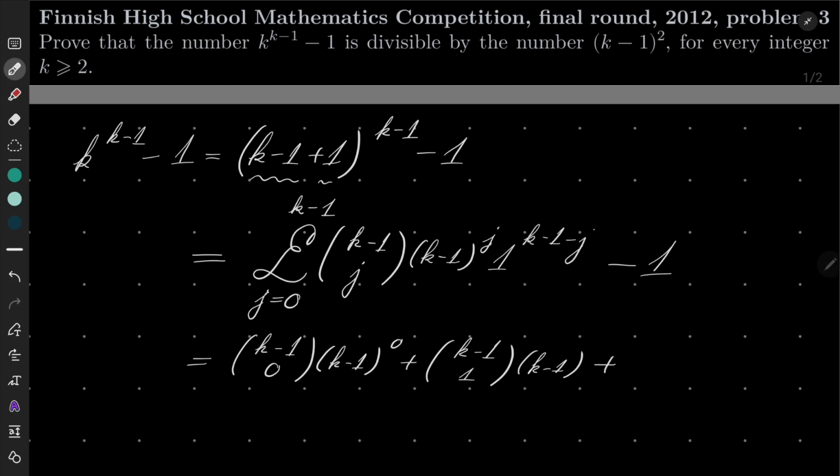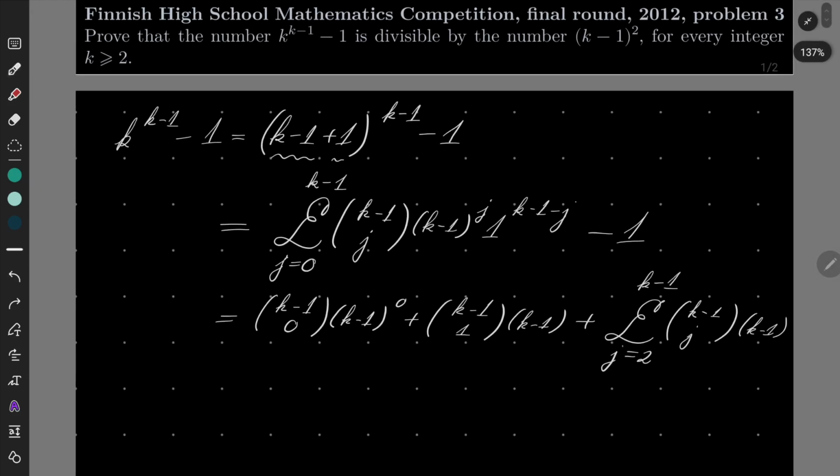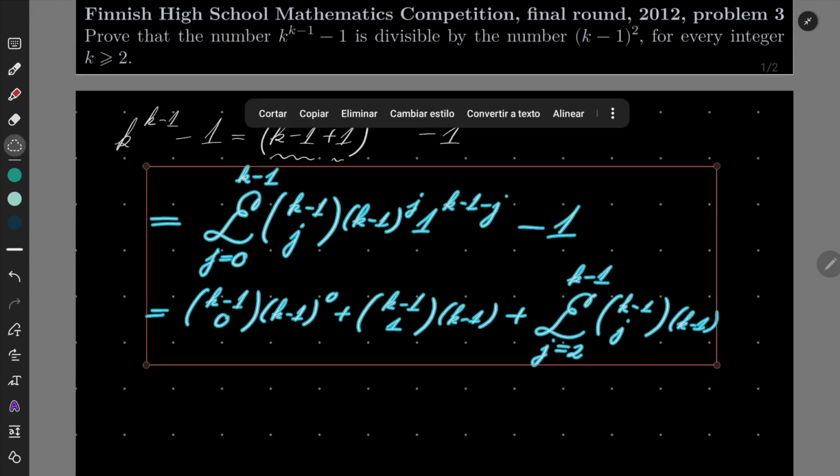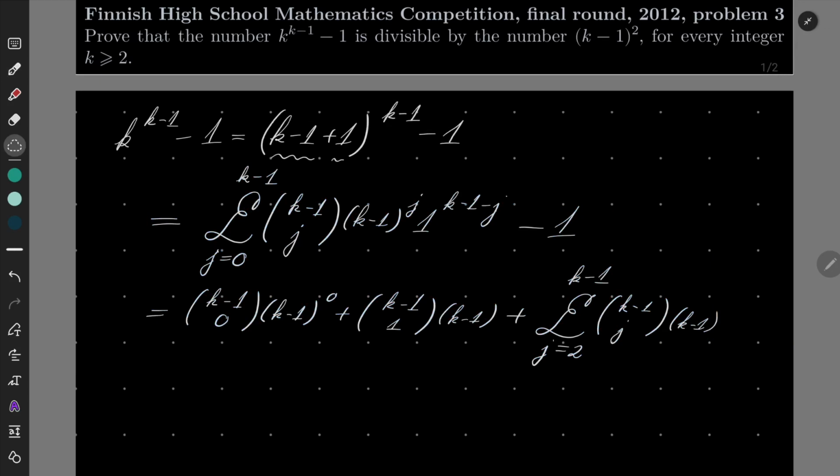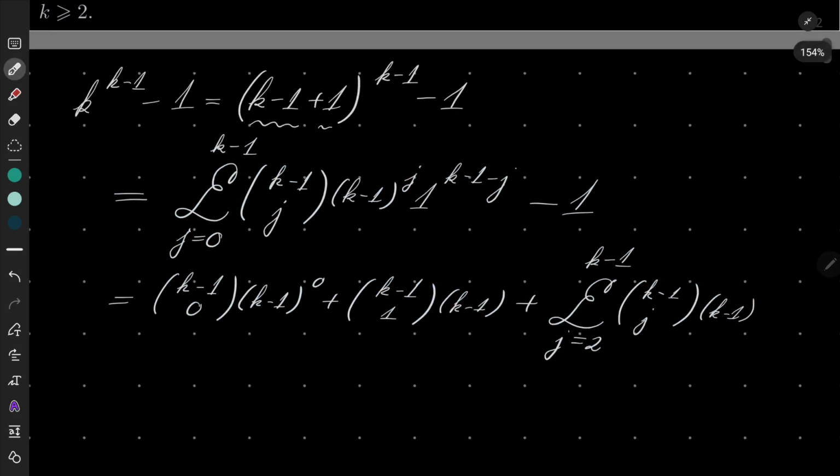Then we have our sum from j equals 2 to k minus 1. I run out of space, unfortunately, but I will move everything a little bit. Oh, now I have space. Very well. So we have here j and finally minus 1.